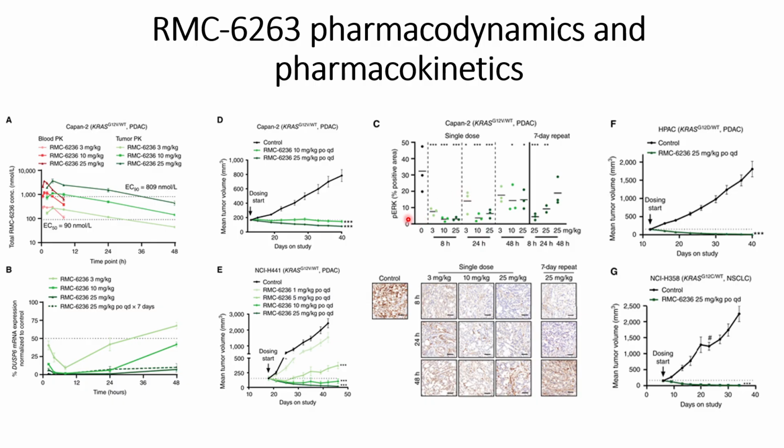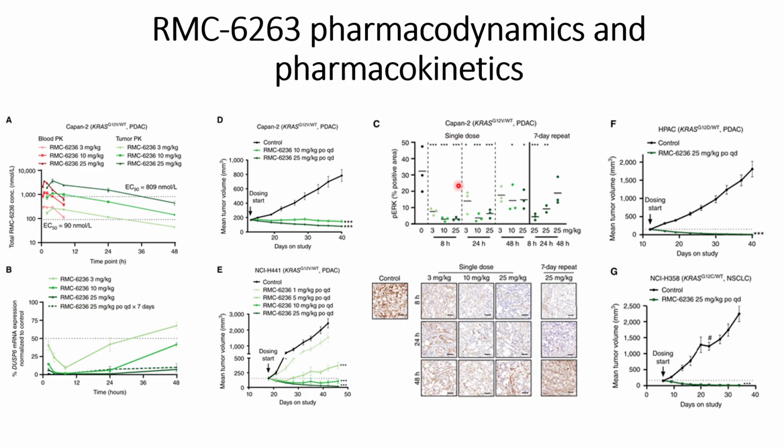So pERK-positive levels also go down, even in the single dose and also in the multiple dose. The histology images are shown in the bottom of panel C, and the quantifications are shown on the top side of this panel C.